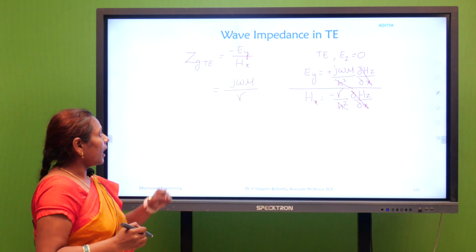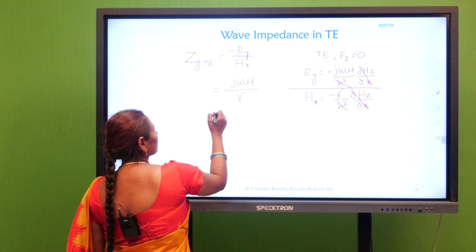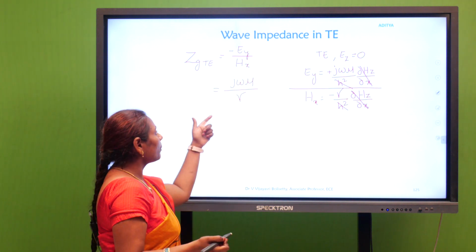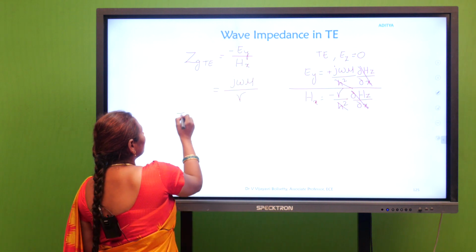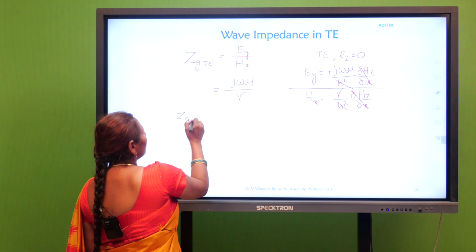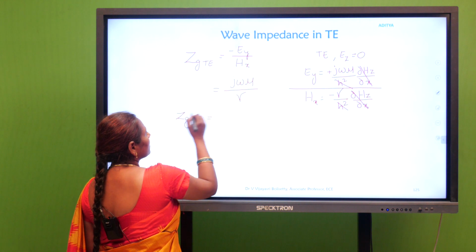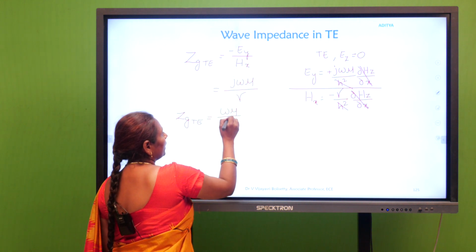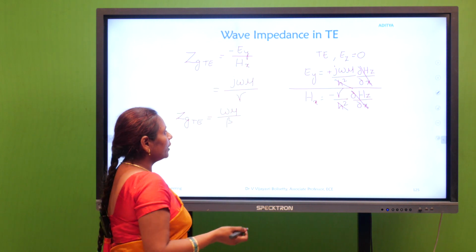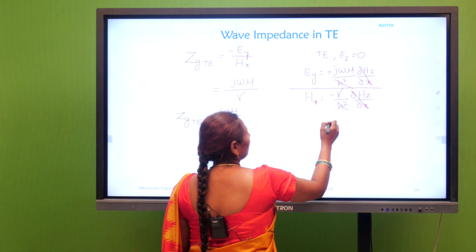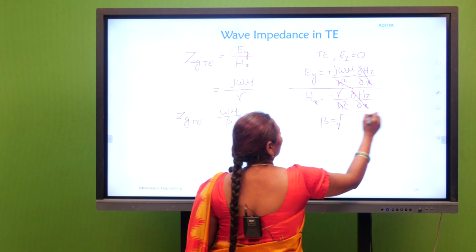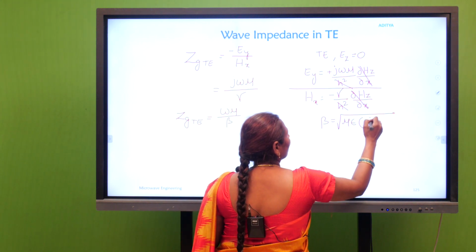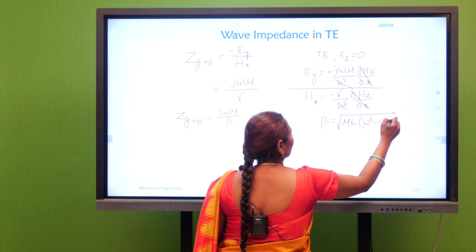But we know that gamma is equal to j beta, because for the propagation alpha should be equal to 0 and the gamma is equal to j beta. Therefore, ZGTE we can write as equal to omega mu by beta, and as we already know that beta is equal to root mu epsilon times root of omega square minus omega c square.